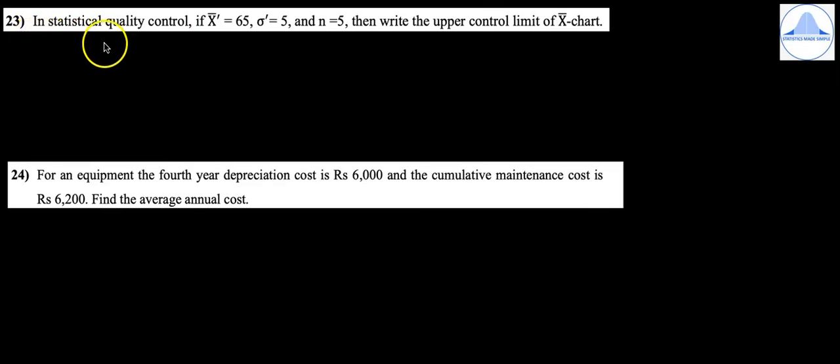23rd question. In statistical quality control, if x bar dash is equal to 65, sigma dash is equal to 5 and n is equal to 5, then write the upper control limit of the x bar chart. Because x bar dash and sigma dash are given, this is a case when the process standard is known.